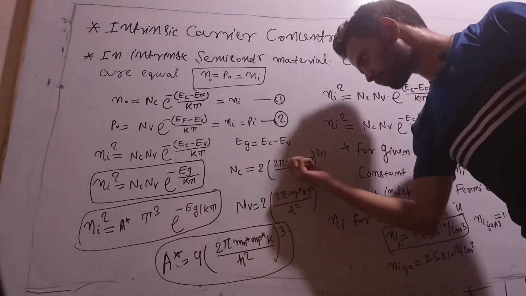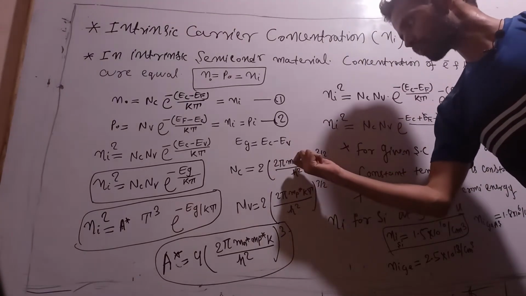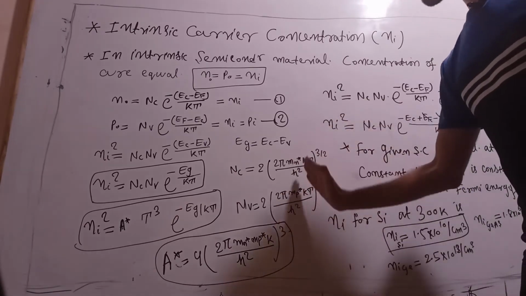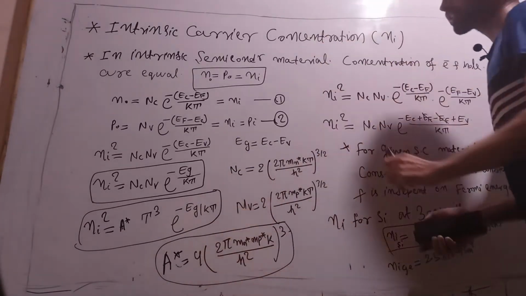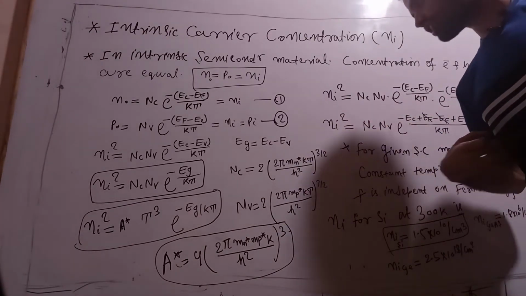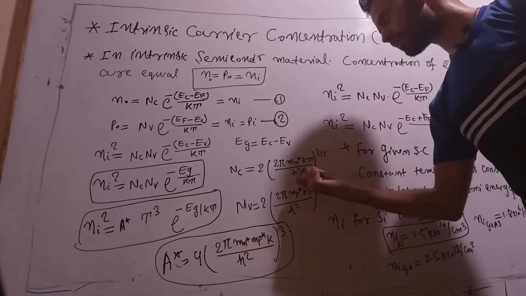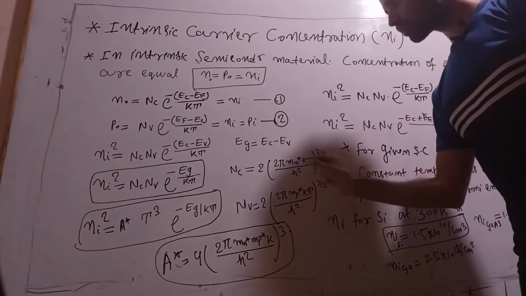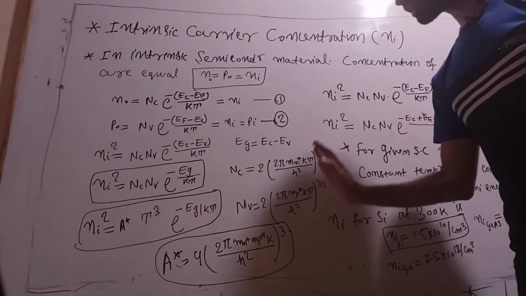They are proportional to the effective mass of electron and hole. And this effective mass is not a general parameter; it is an experimentally determined parameter.